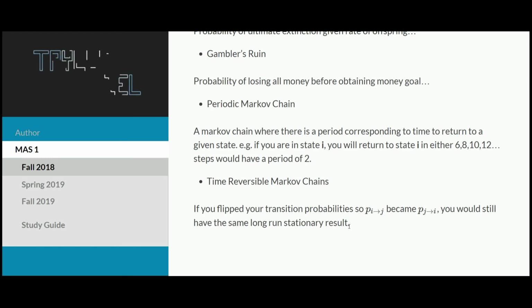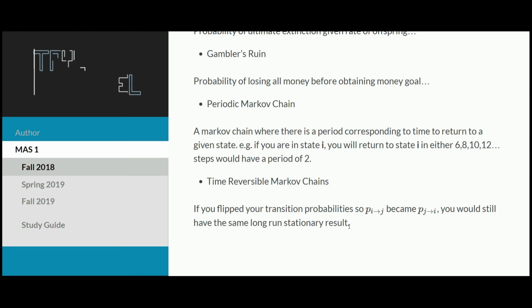Time reversible is where if you were to flip all the probabilities, which is effectively going reverse in time. Instead of saying there's a 10% chance I go from state A to state B, if you want to look backwards in time, then you would say there's a 10% chance I go from B to A. So you flip all of those, and then you see if you have the exact same ending result for that steady state, and that's saying that it's time reversible.